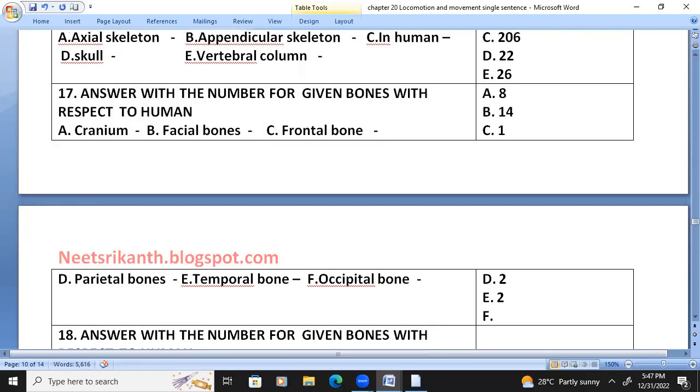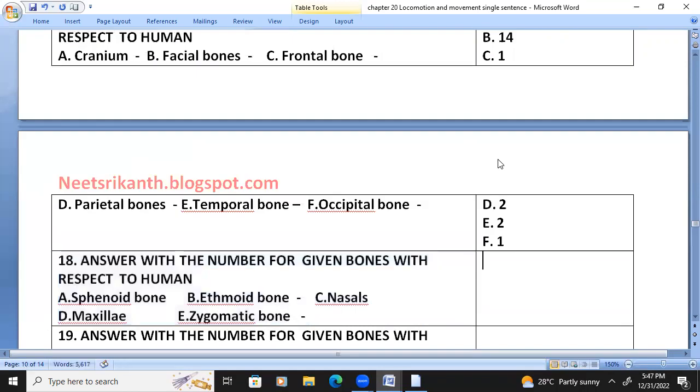Occipital bone 1. Sphenoid bone, which is called keystone bone, the number is 1. The ethmoid bone 1.